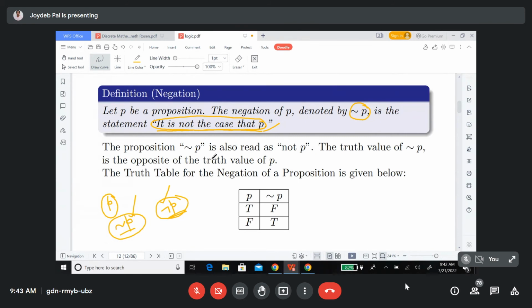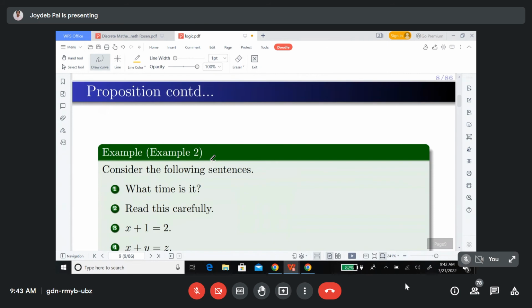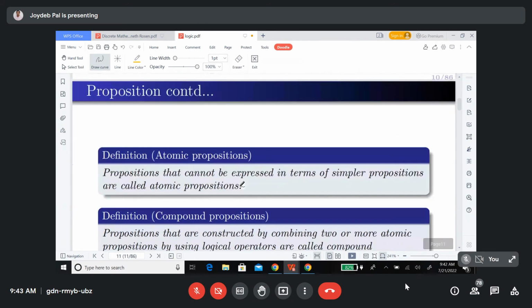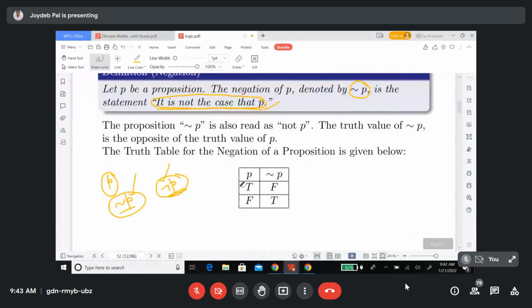So I will show some examples. So it is the truth table of negation.